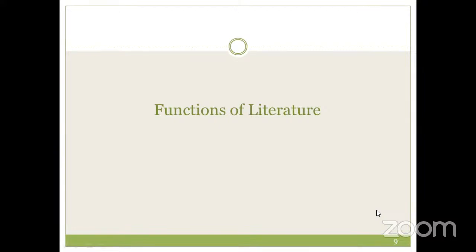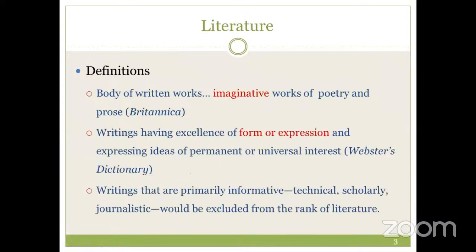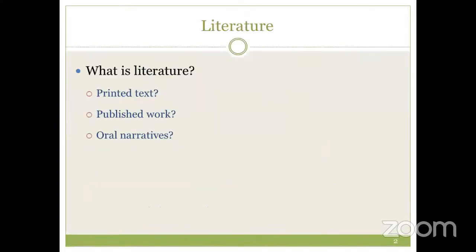Coming to the function of literature, if we look back, we know that in this paper we are trying to understand how language and literature are interrelated, not only interrelated but also interdependent. There cannot be literature without language.